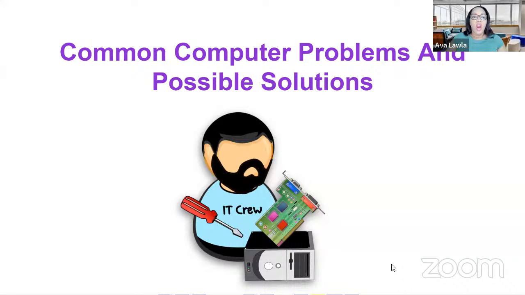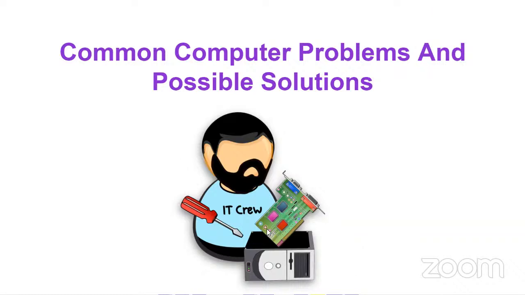And you have to know how to go about solving these particular problems so as to not delay your work. You don't want to be delaying your work, as I said, time is money.